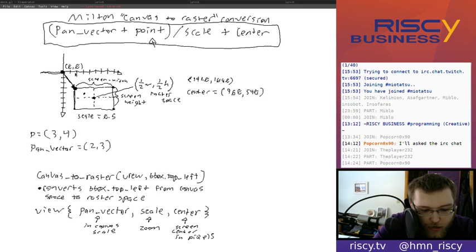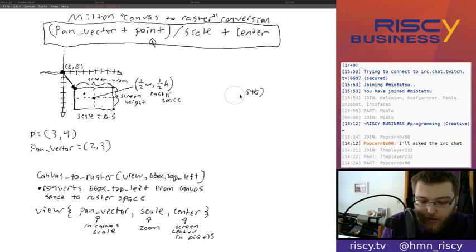This is like 1, 2, 3, 4, 5, 6. And 1, 2, 3, 4. So it's 6 by 4. So we're going to say our screen is actually 12 by 8.